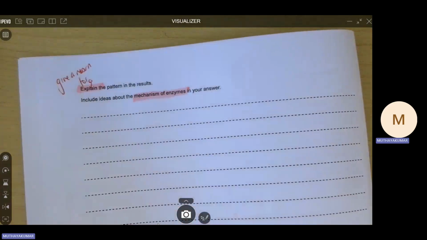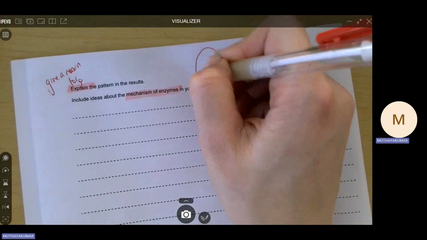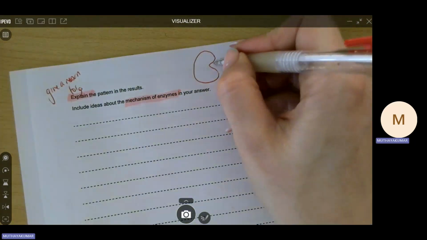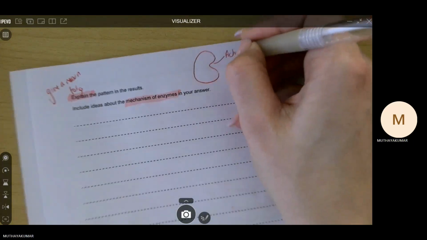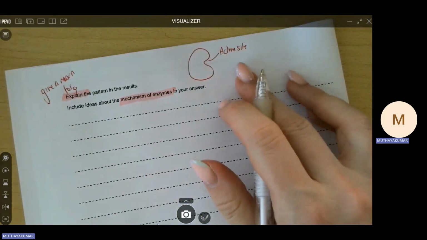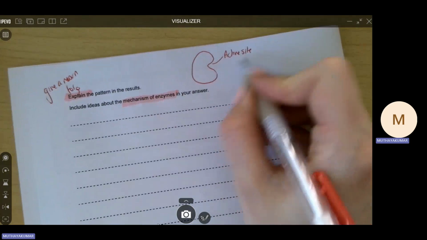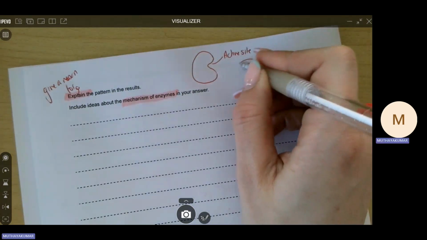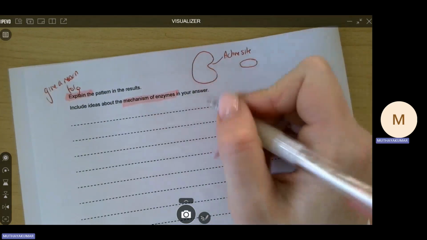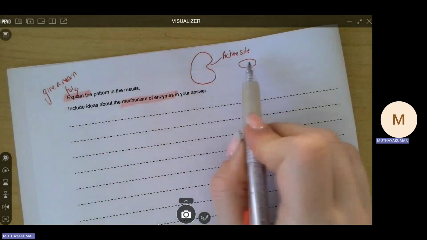So whenever it says about mechanisms of enzyme action, you need to remember the fact that you've got an enzyme. In that enzyme, you've got an active site. Now that active site is where the substrate binds. All right, and what you need to remember about your active site is that your substrate, which is the molecule that binds to that enzyme and either gets broken down or built up, is complementary in shape.